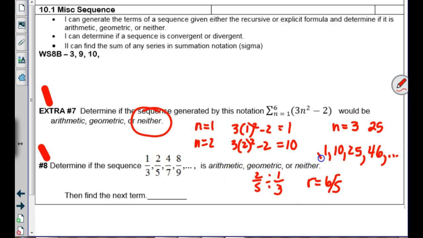It's none. It's neither. But can you still find the next term, guys? Can you figure out what it is? Because you have to. What would the top be? What are they doing on the top? Multiplying. What are they doing on the bottom? Okay, you can find it even though it's neither.